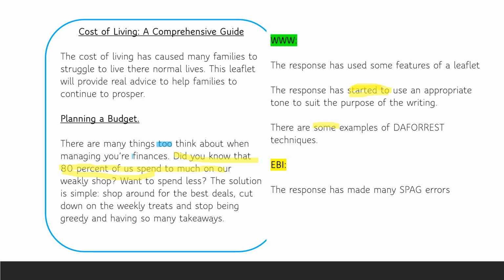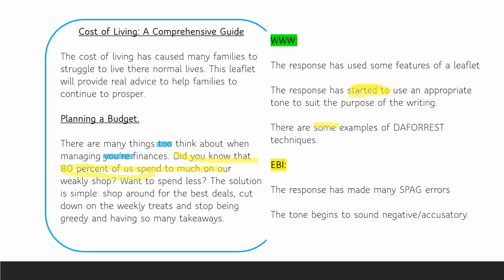You've got you are instead of your. And then we've got some other things to go into as well. So spend a minute, just make sure you've got all the different spelling and grammatical errors that are there on the actual example. And now we're going to think about the other thing that needs to improve.